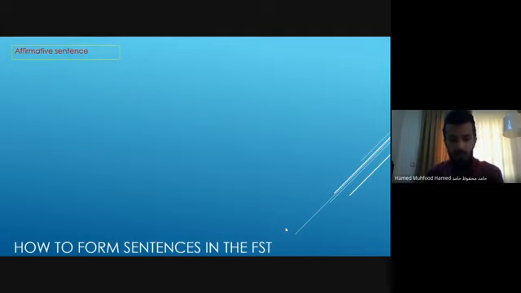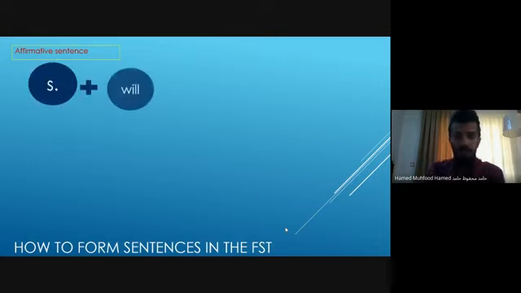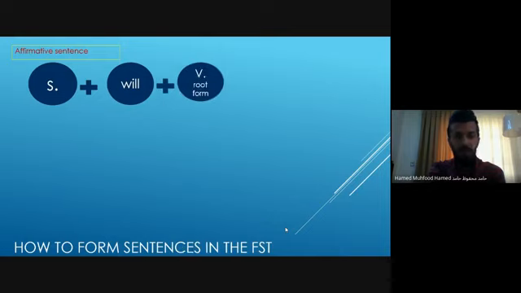We said that if we want to form an affirmative sentence using the simple future tense, we should start with the subject, and then we should have the modal verb, or if you will, the auxiliary verb will, followed by the main verb of the sentence in its root form, and then we may have a complement.